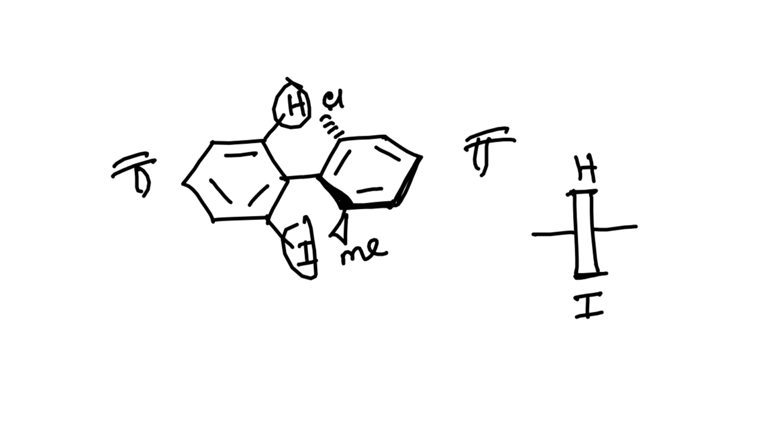On our right hand side we will have methyl, on our left hand side we will have chlorine. So this iodine will get the priority, which is A, this is B, and now this is C, this is D. Now many people make the mistake of thinking that because it is hydrogen it will have the least priority.